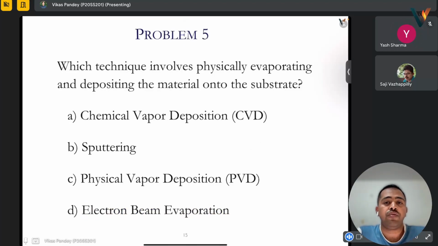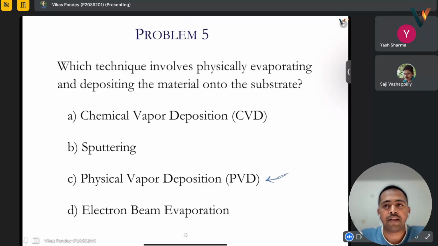Which technique involves physically evaporating and depositing the material onto the substrate? Chemical vapor deposition, sputtering, physical vapor deposition, or electron beam evaporation? PVD. Okay.